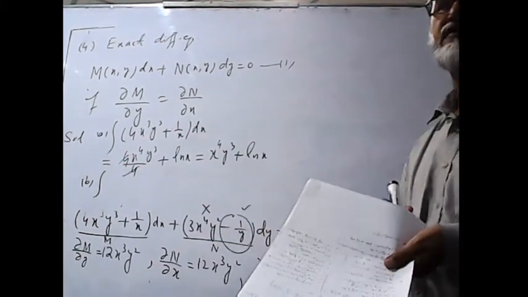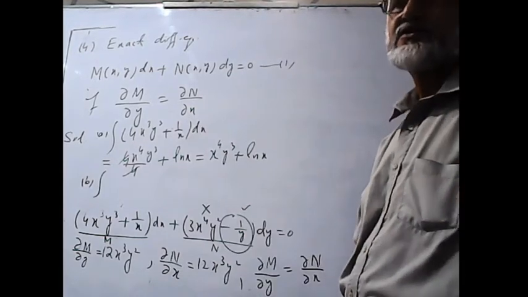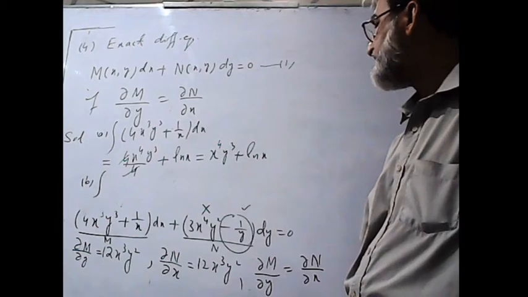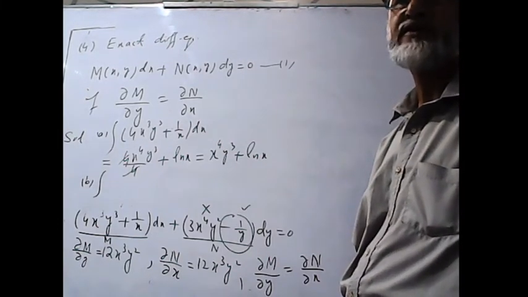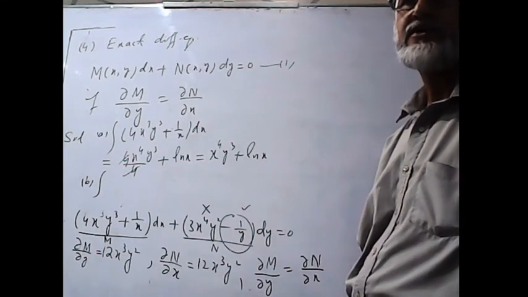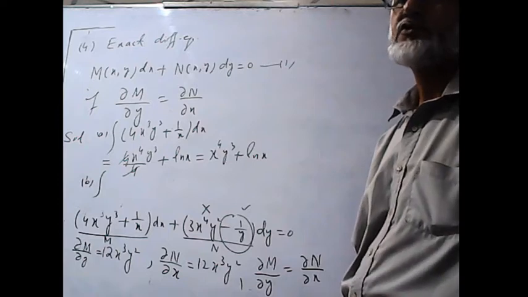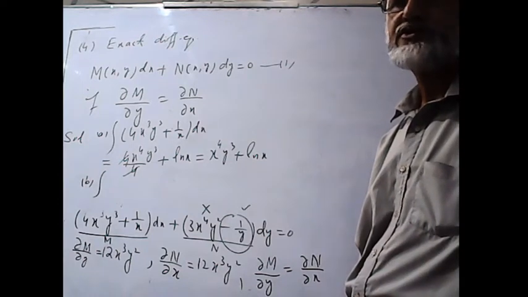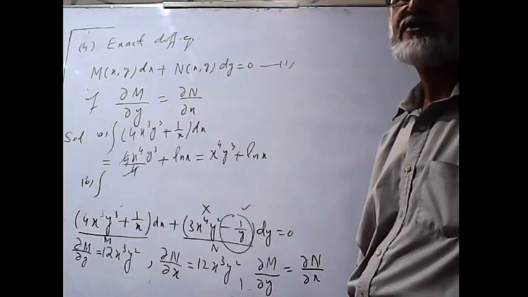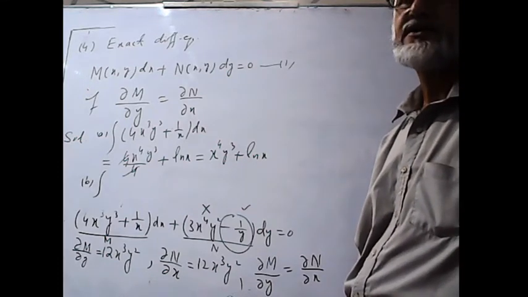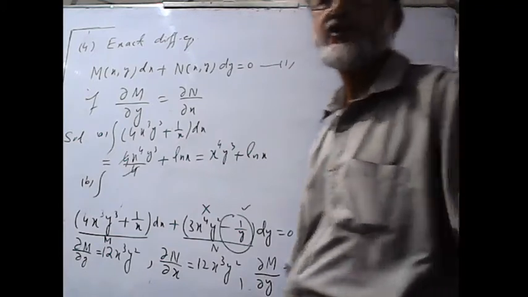If the expression of N involves x in all the terms, then part B is not performed, because no term is completely in y or independent of x. So you consider only those terms which are independent of x. If no such terms exist, part B is not considered. So part A is our complete solution.